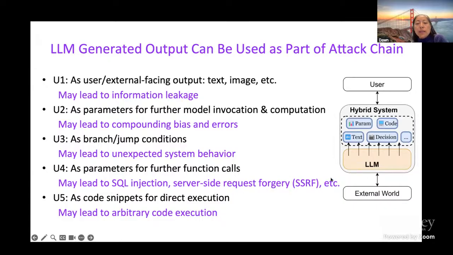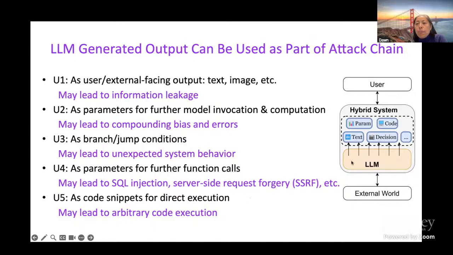So when generated outputs are being used directly or even after insufficient processing as parameters to certain function calls or tools, it can further lead to security vulnerabilities such as SQL injection, server-side request forgery, SSRF, and so on. And we'll see some more detailed examples of this in a minute.